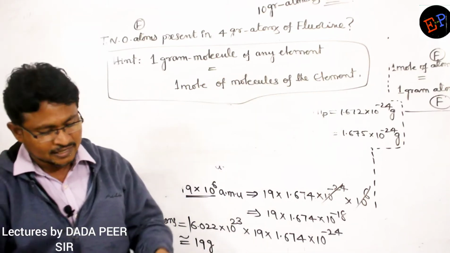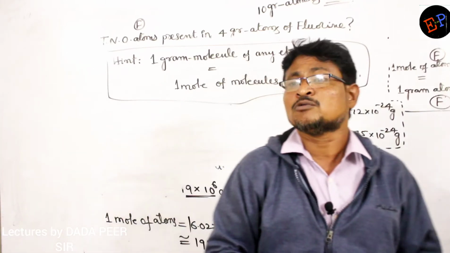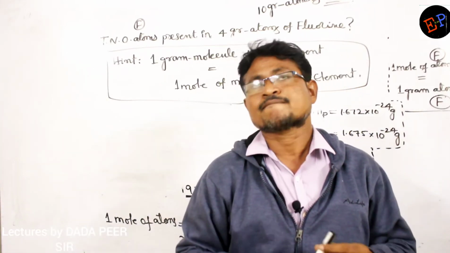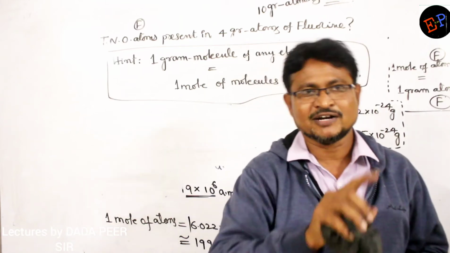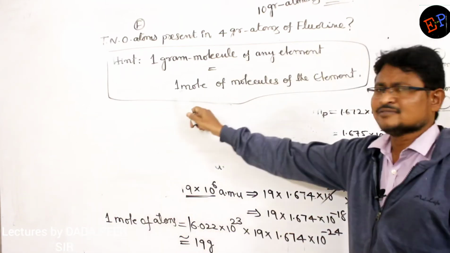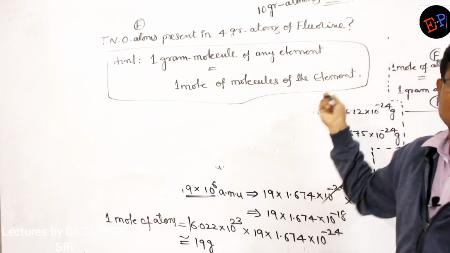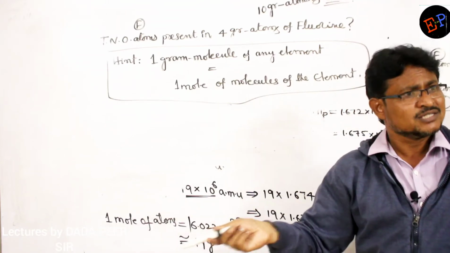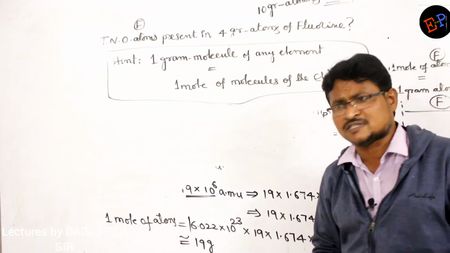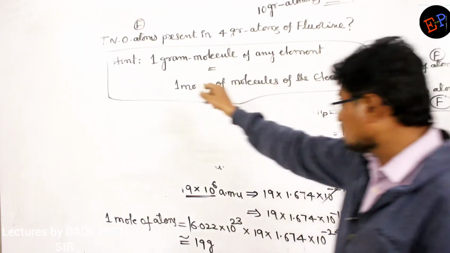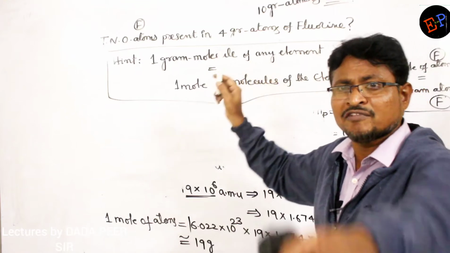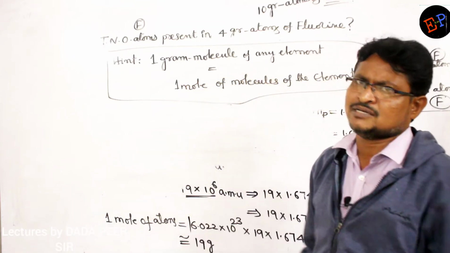So what is given in the question? 10 moles of hydrogen gas. Take the reverse. 1 mole of molecules of any element, whether it is gas, solid or liquid, irrespective of the state, is equal to 1 gram molecule. How many gram molecules are given? 10.